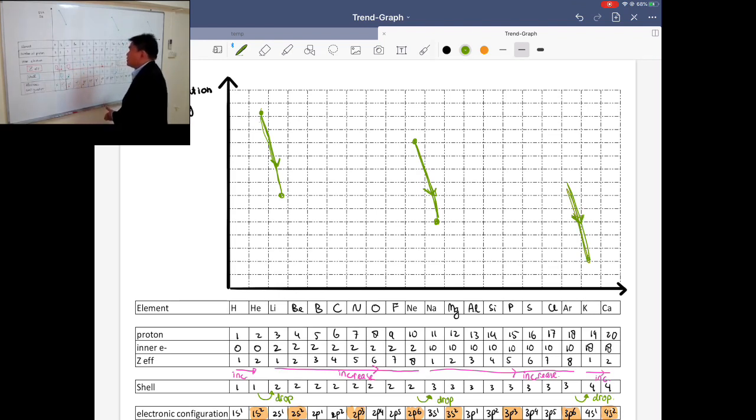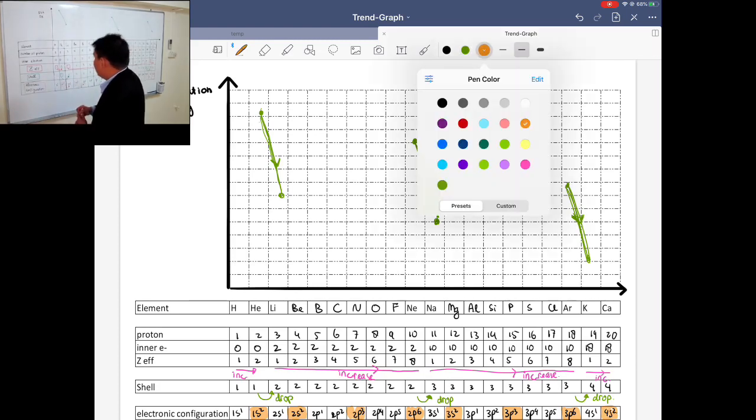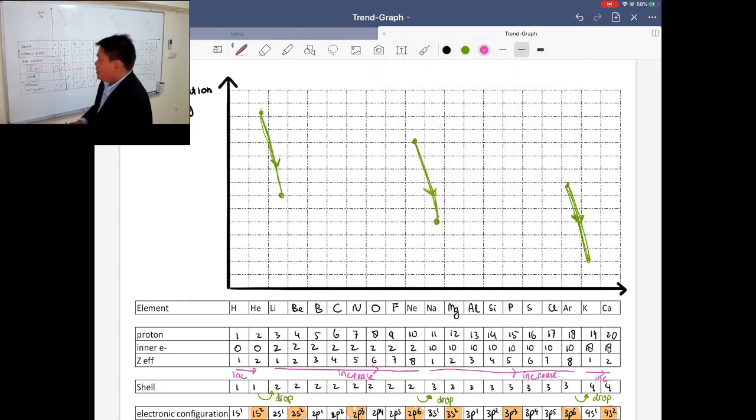Then the next one, we draw the effect of effective nuclear charge. So as I mentioned, this red arrow represents a gradual increase in the first IE. So we are going to draw from hydrogen to helium. It will be increasing.